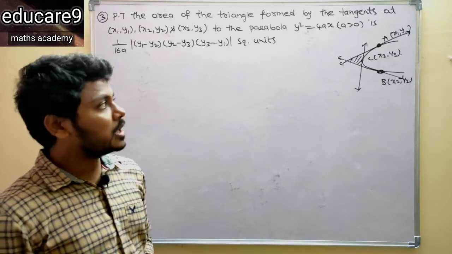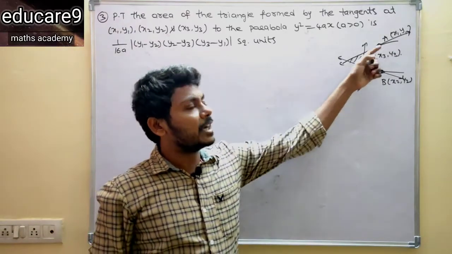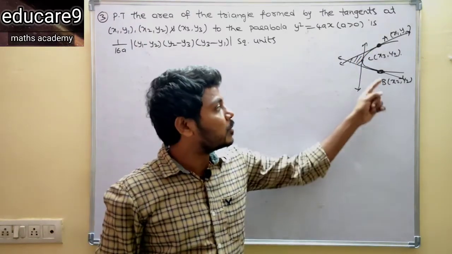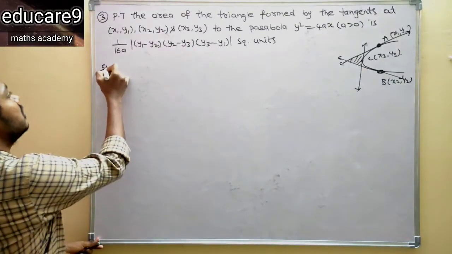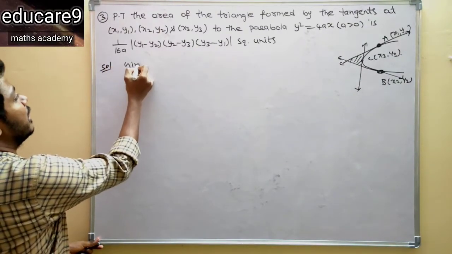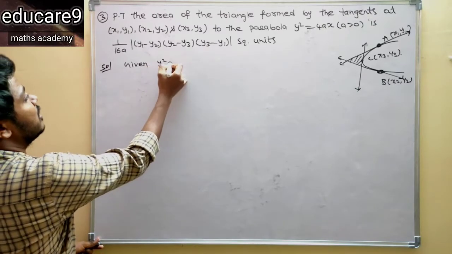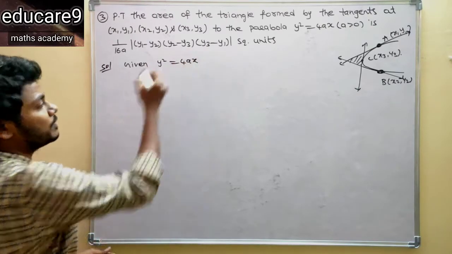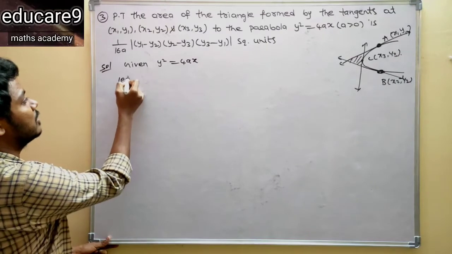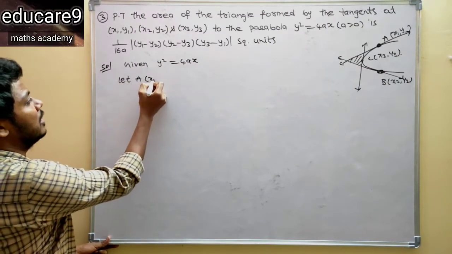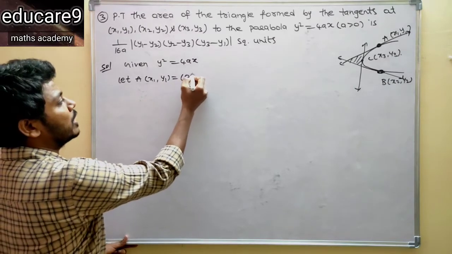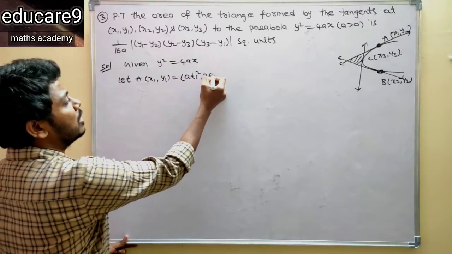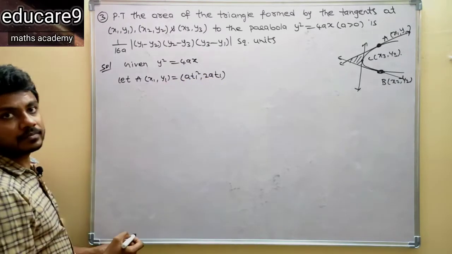Okay. So here you know that the equation of the tangent at point A and at point B and at point C. So here solution: given parabola y square is equal to 4ax. So let A x1 comma y1 is equal to parametric points at1 square comma 2at1.